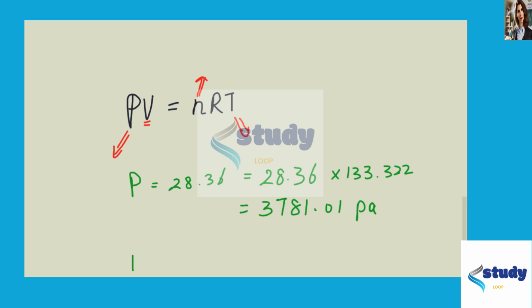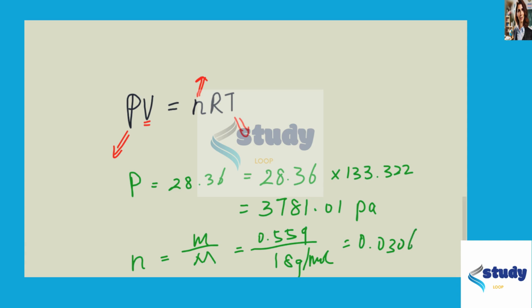And how about the moles? The moles equals the mass over the molar mass. The question gives us the mass, which is 0.055 grams, over 18 grams per mole. So that is around 0.0306 moles.